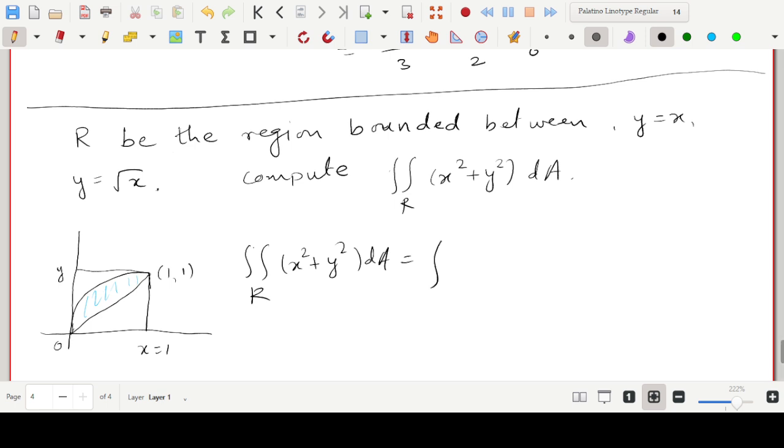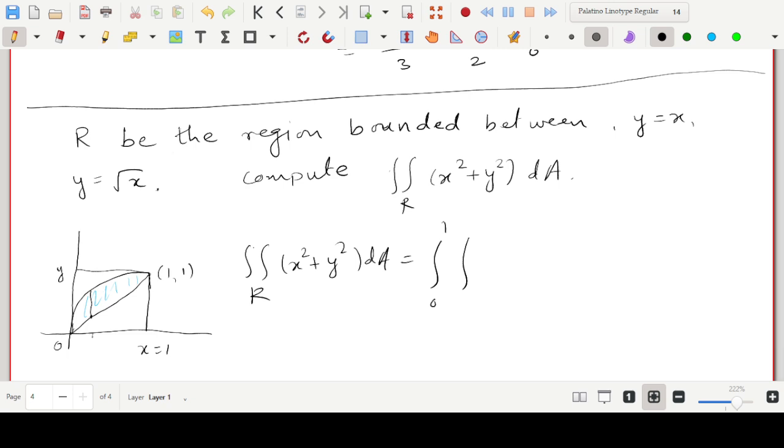Now let x vary from 0 to 1, and between which two values does y vary for every x? So if x is here, then within this region y varies from this point to this point.